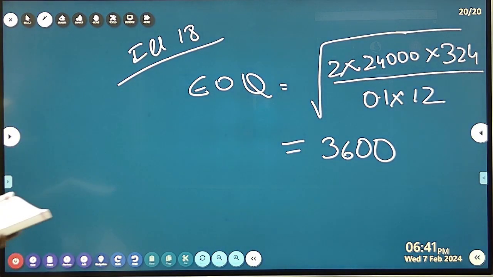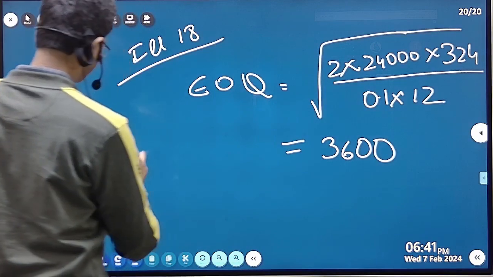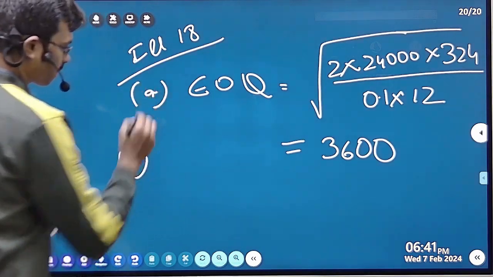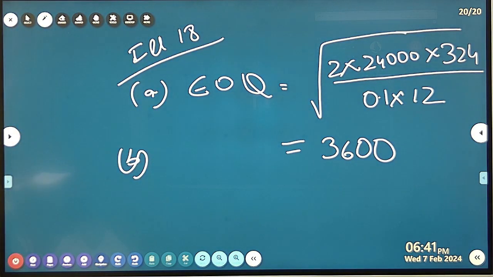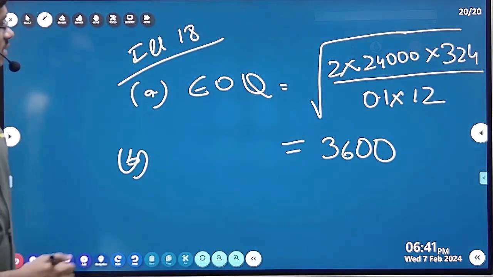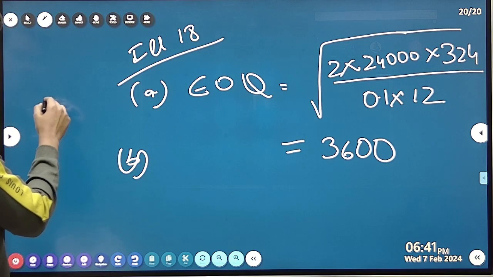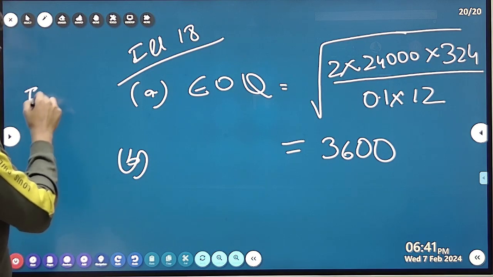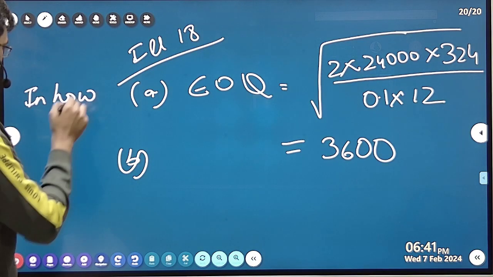Okay, let's look at the second part of the question. What should be the interval between the consecutive optimum runs? So what does he mean? He means in how many days should you run one batch?